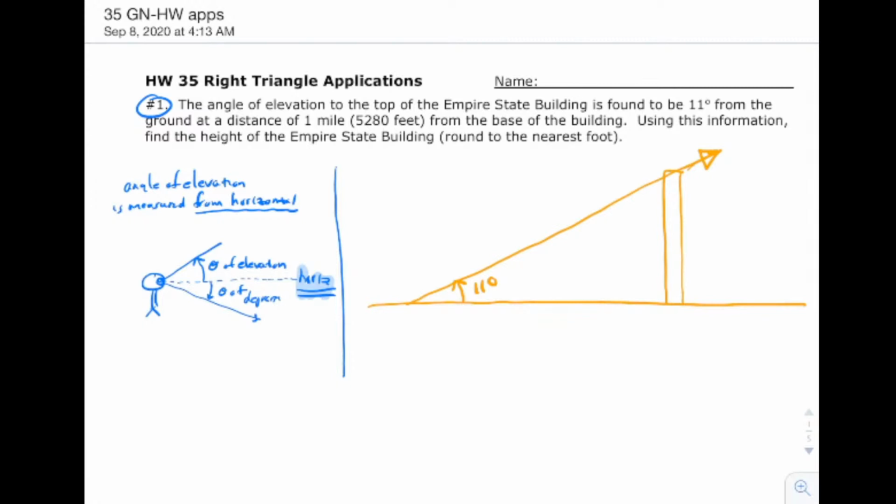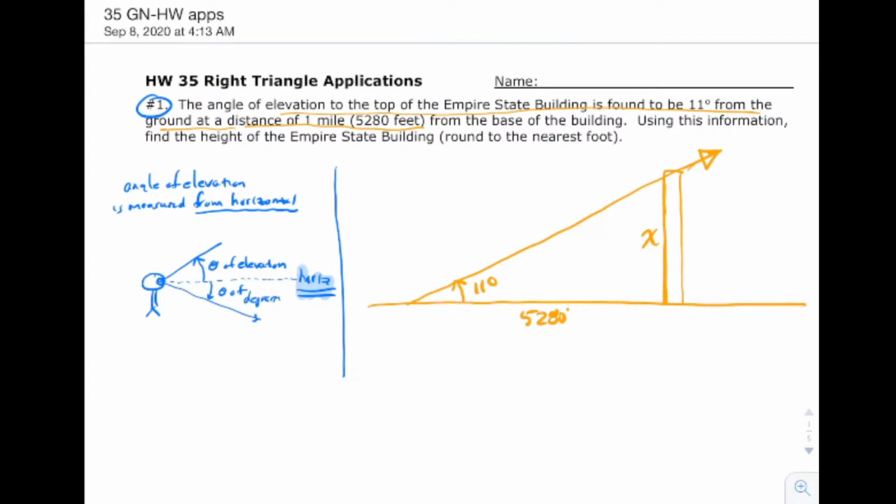That's what we mean by angle of elevation. Okay, cool. So the angle of elevation to the top of the Empire State is 11 degrees from the ground at a distance of 1 mile or 5,280 feet from the base of the building. So this is 5,280 feet right there. Using this info, find the height of the building, which would be like this x right there, right?